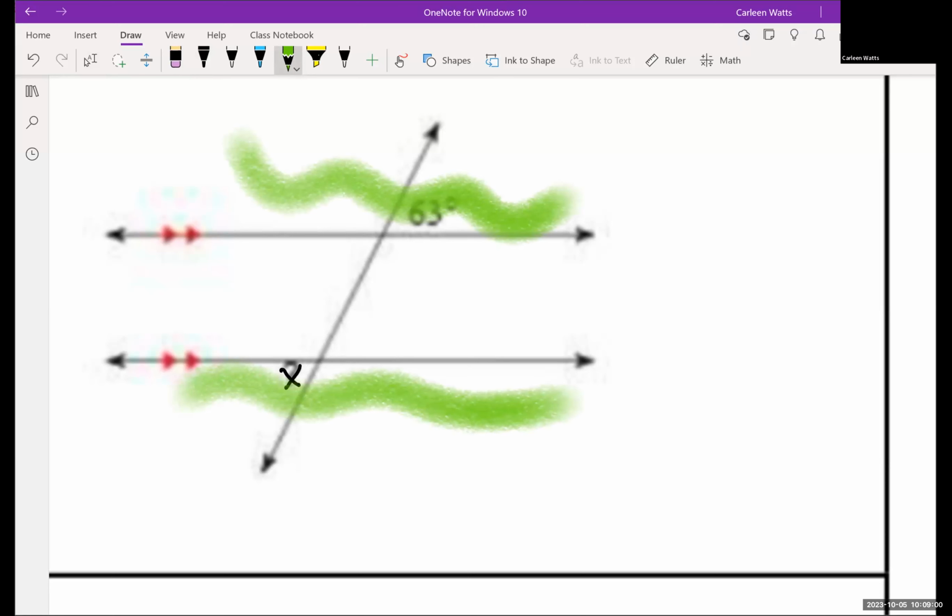We notice one's on the right, one's on the left. So we have alternate exterior, and X is equal to 63. Alternate exterior angles are congruent.